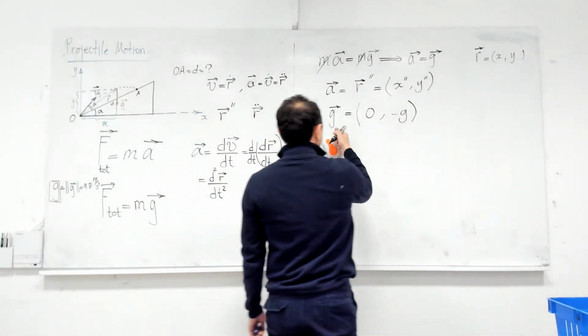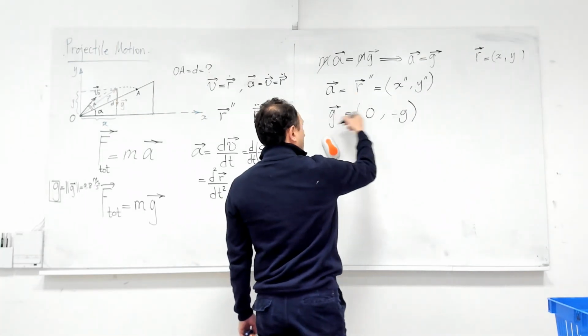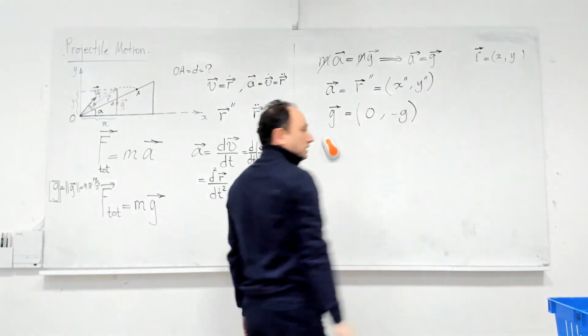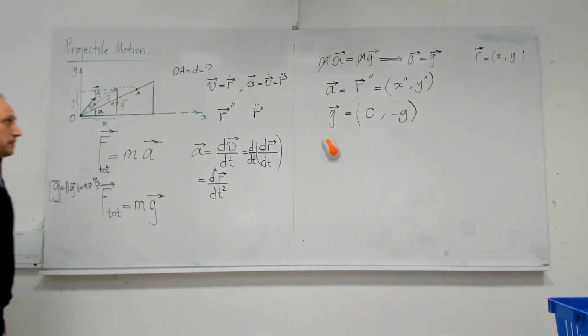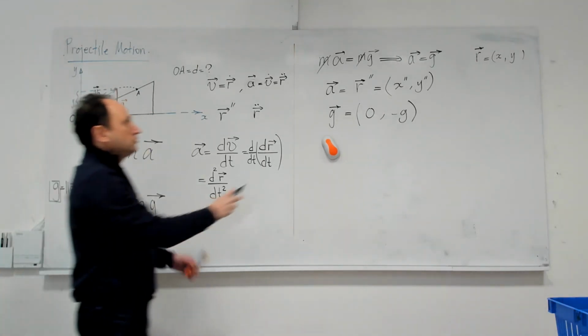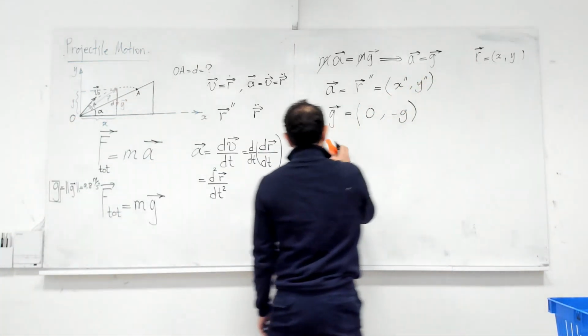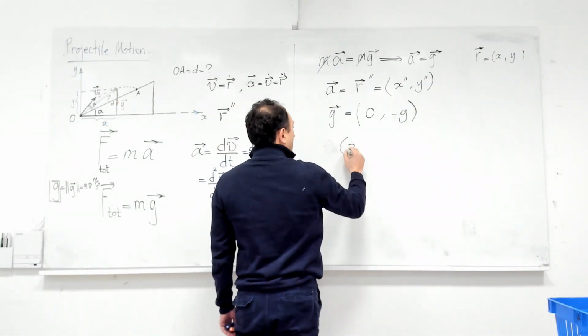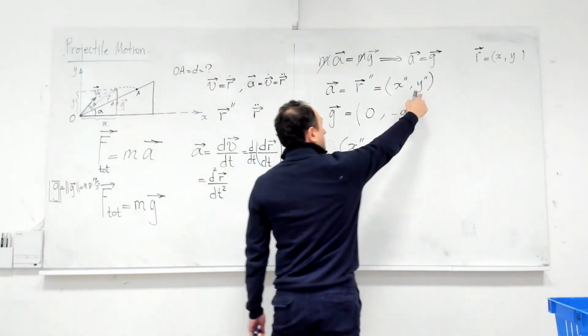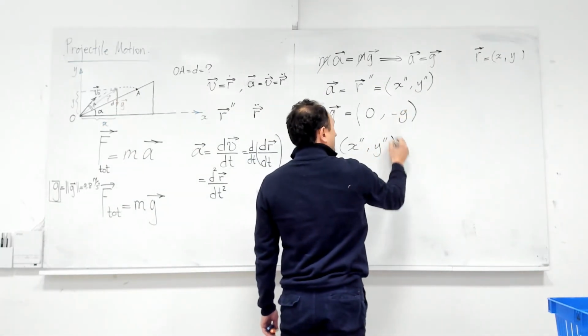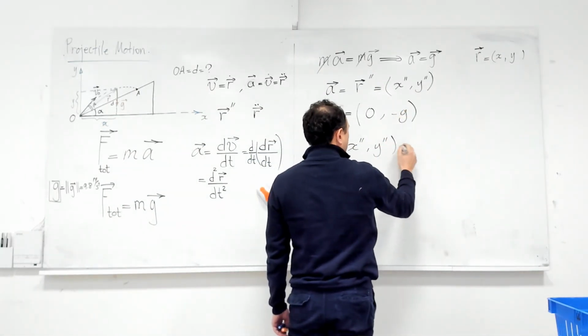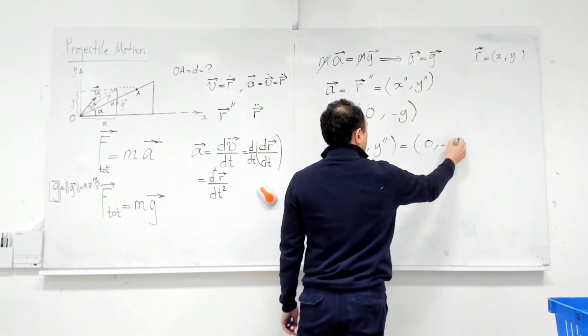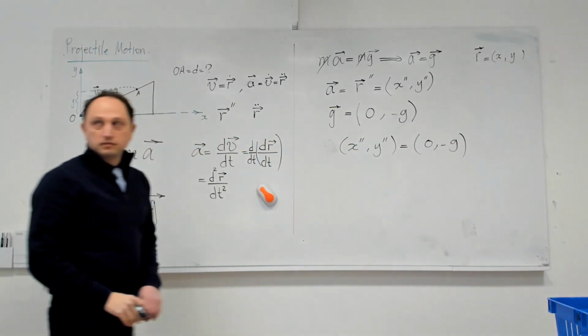So don't get confused. This is my vector. This is a number. And then I equate these two vectors coming from Newton's second law. So what happens is this: x double prime, y double prime is equal to 0 and minus G. As simple as that.